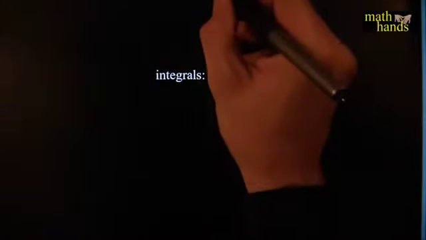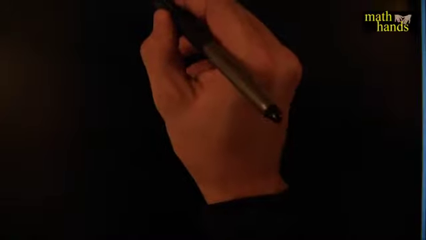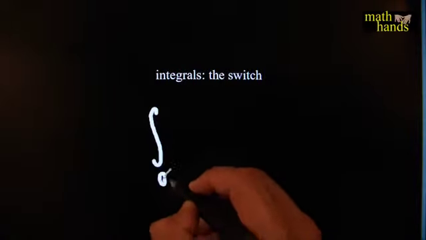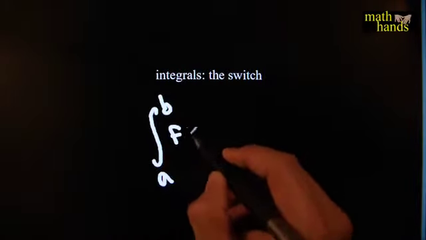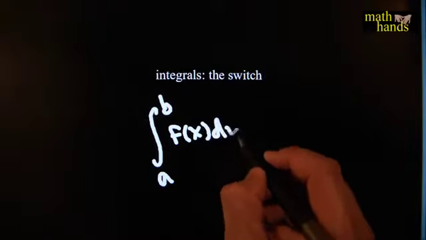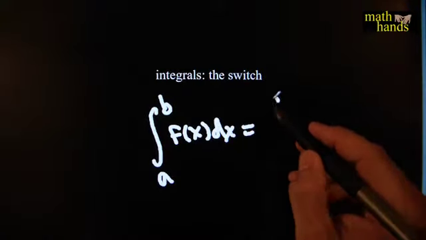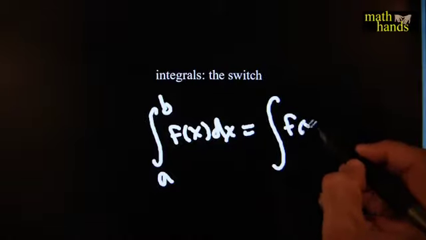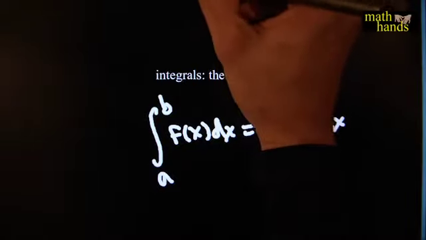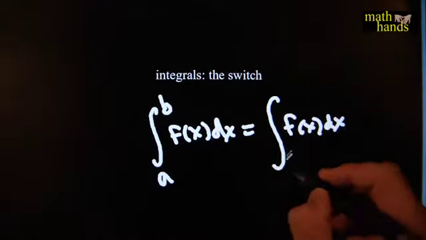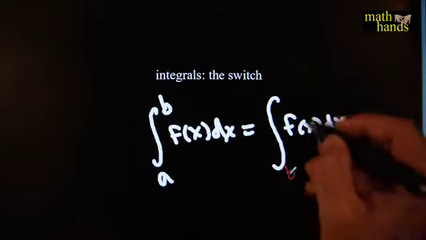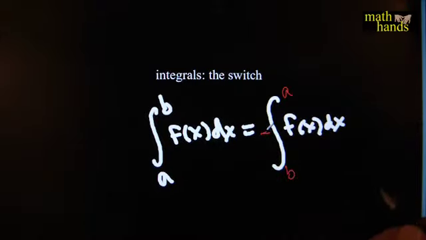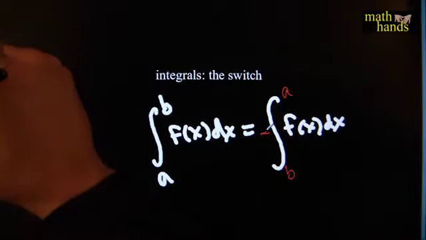If you have the integral from a to b of f of x dx, and I switch it, instead of going from a to b, I go from b back to a. What that does is put a negative there. That's the switch. Okay.